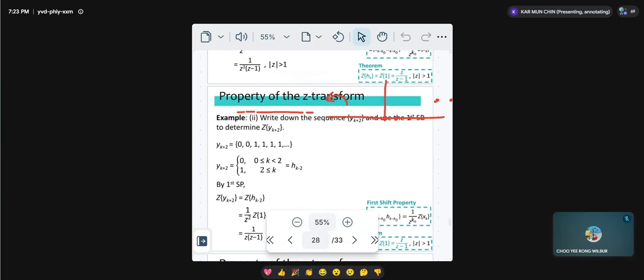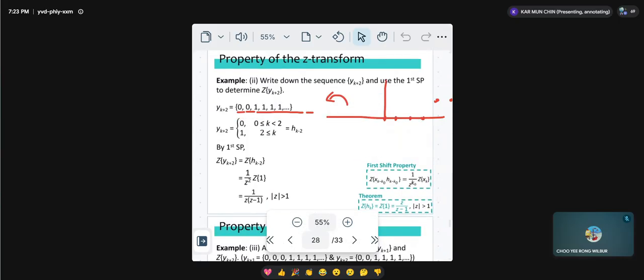But in this case, they say to shift to the left by 2, so you bring everything to the left by 2. It means from here it is starting with 1. So when you write the sequence, you write from here, the causal sequence. So it should be starting from here.